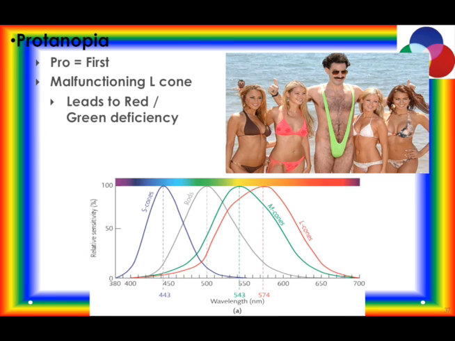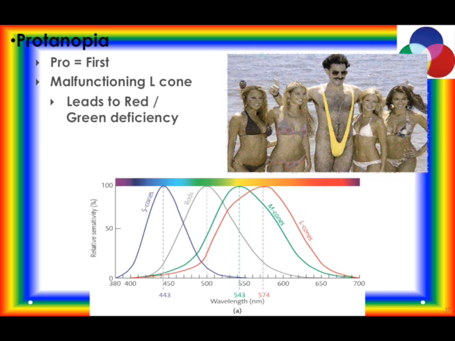Someone who has protanopia has a malfunctioning L cone, which means they have poor red and green differentiation. So that's what it looks like if you're a protanope.